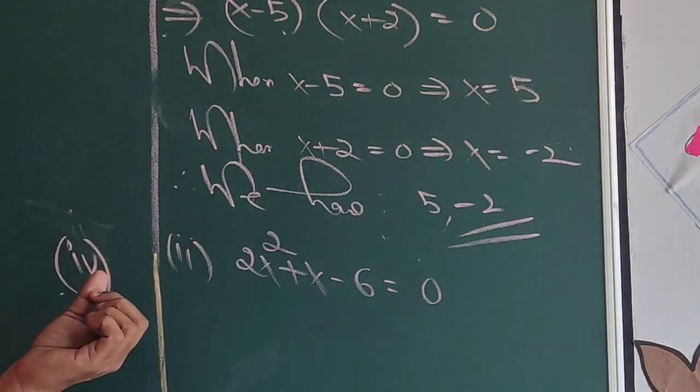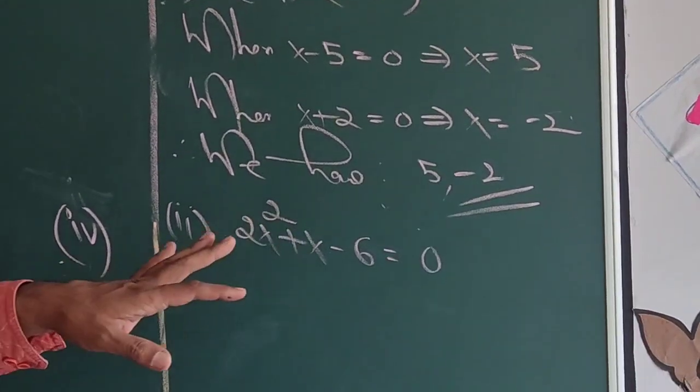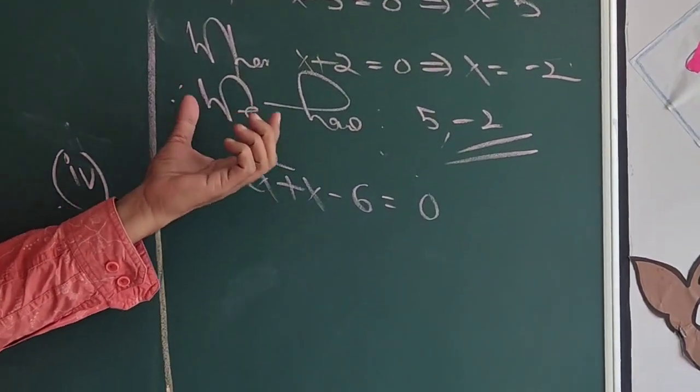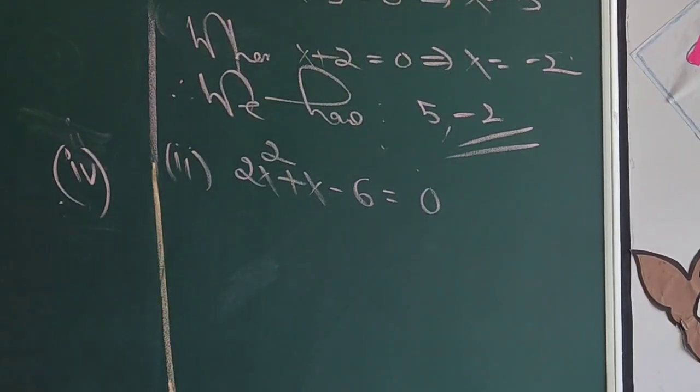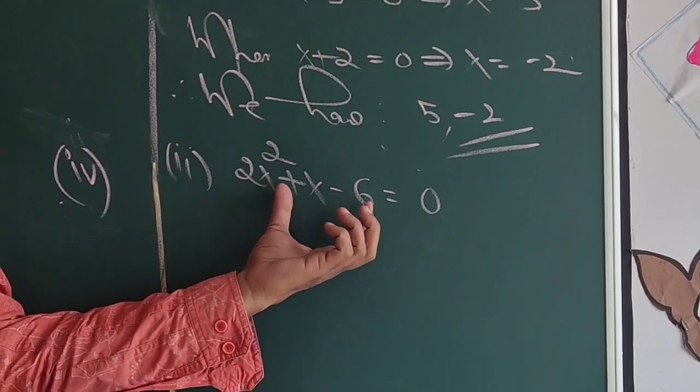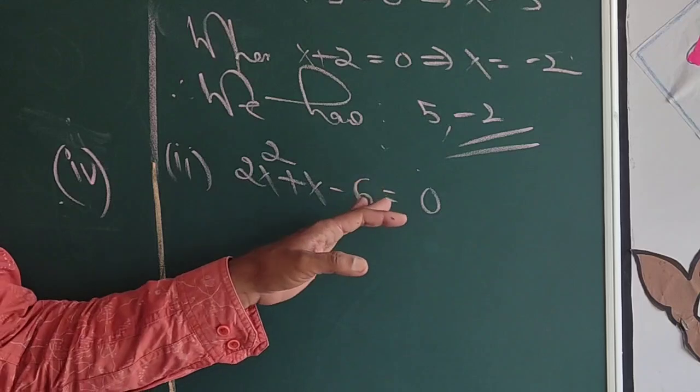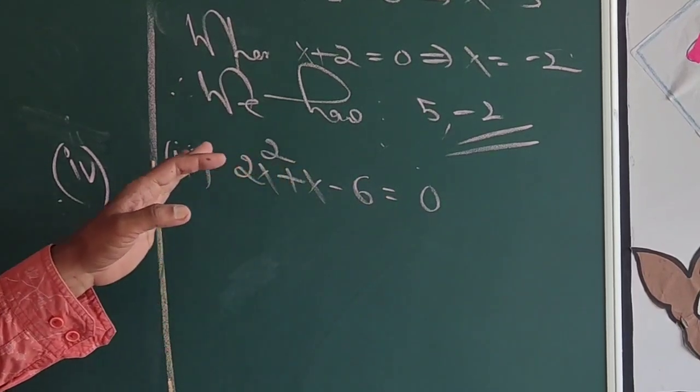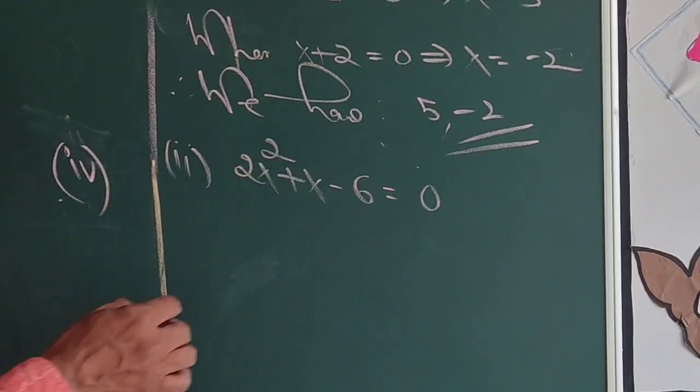The second part of this question is 2x square plus x minus 6. Same, this is solved by the method of factorization. As I told already, in the method of factorization we multiply the coefficient of x square and the constant term.